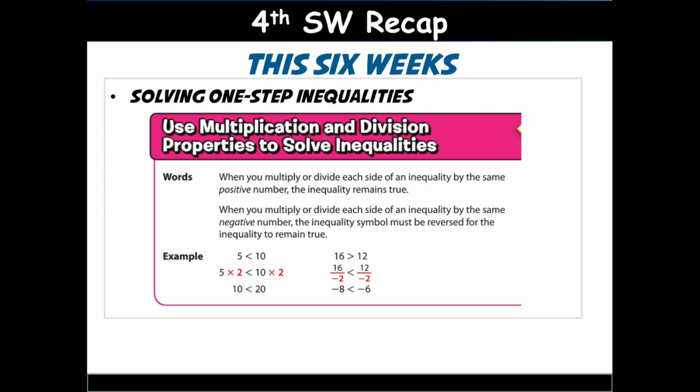And did you notice what happened? When you divide by a negative in inequalities, your sign's going to flip. I'm pretty sure I'm going to emphasize that over and over and over when you do this lesson. Or if I already did the lesson, I'll bet I emphasize it quite a bit. When you divide by a negative, the symbol flips. When you multiply, just be careful that you multiply it by the same thing on both sides. Keep it balanced.